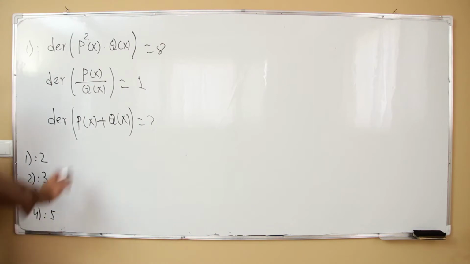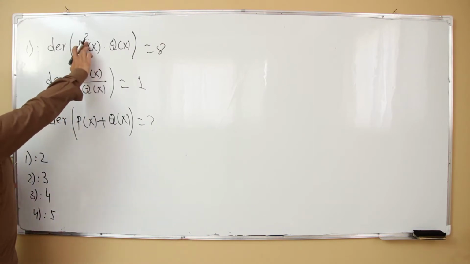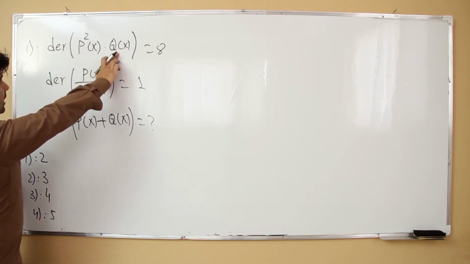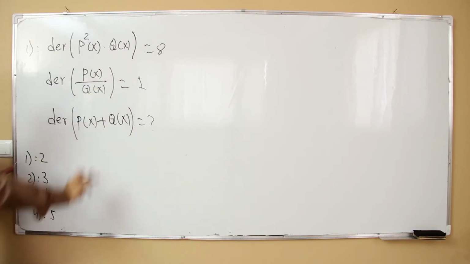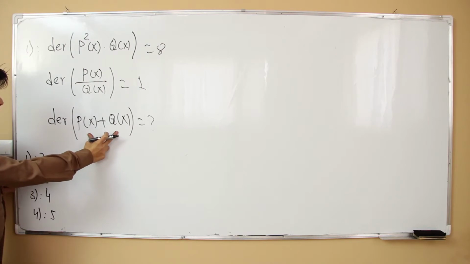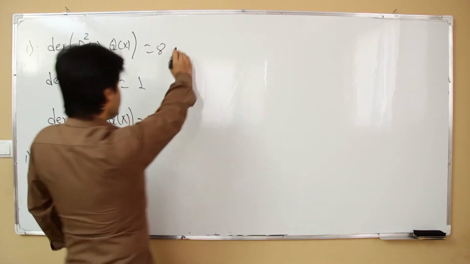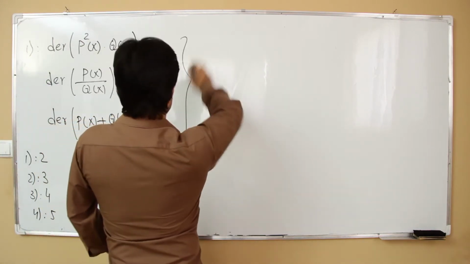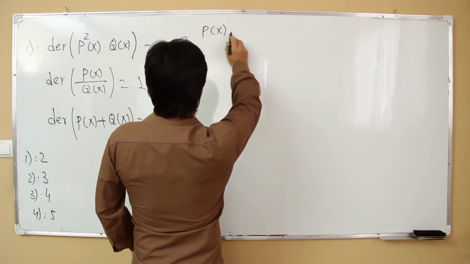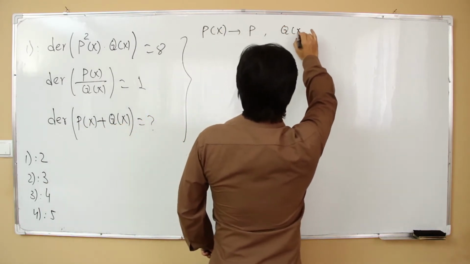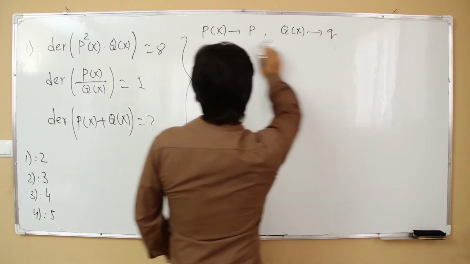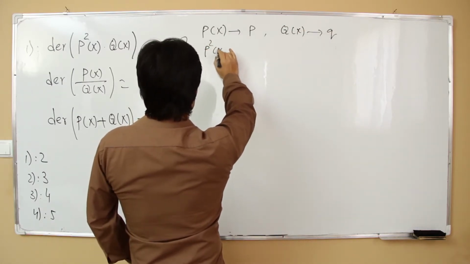The first example: the degree of p squared x times qx is 8, and the division degree is 1. Now what is the summation degree? In the previous lesson, when we explained, px has degree p and qx has degree q. Now what is the degree of p squared x?